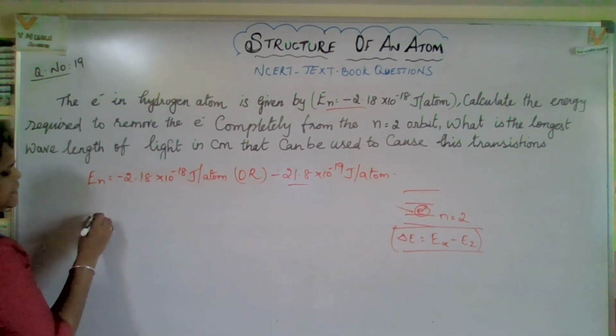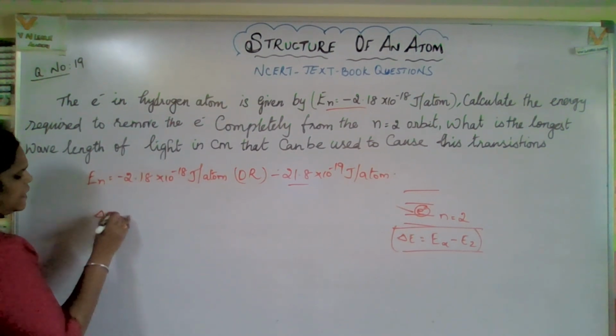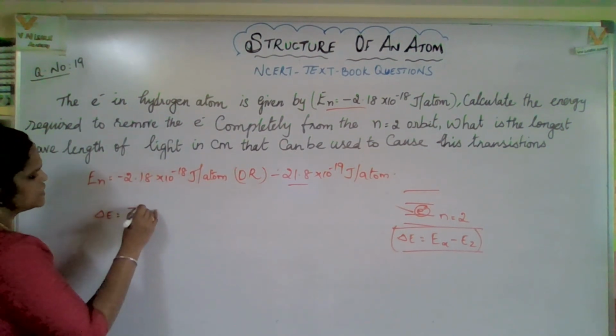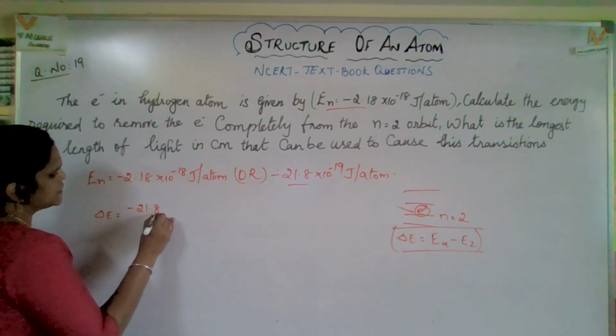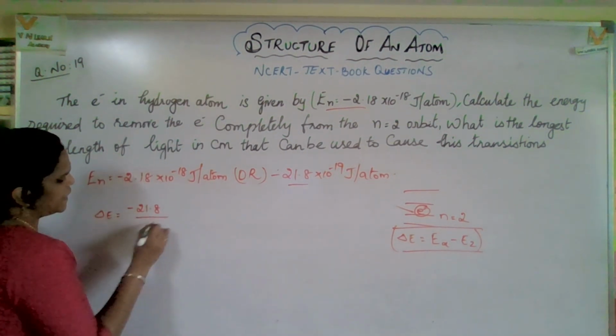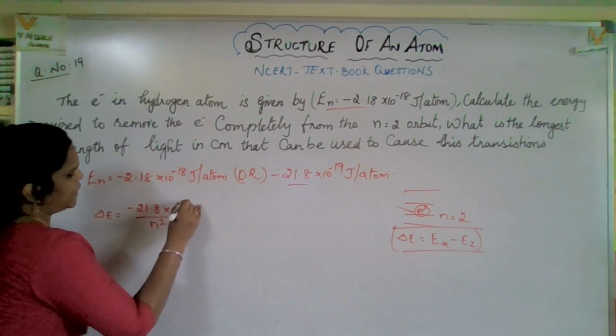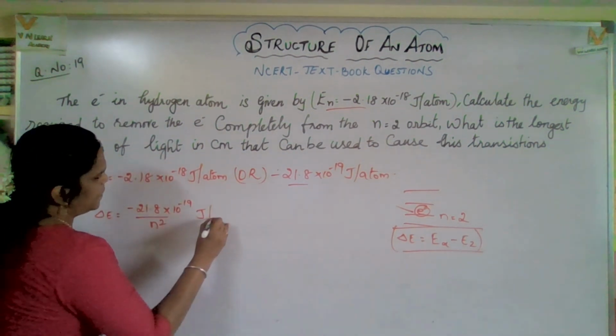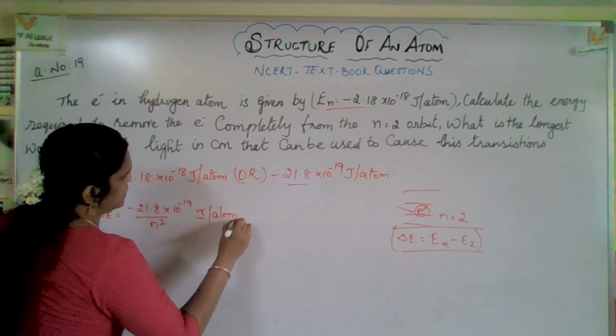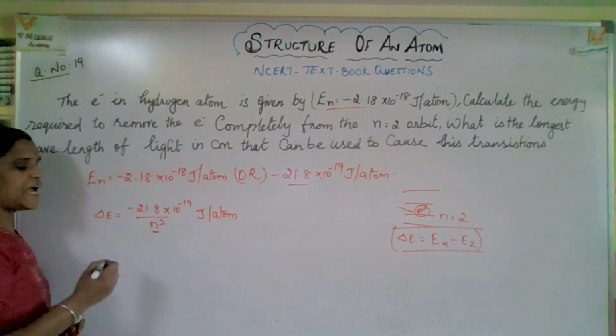Now here delta E equal to minus 21.8 divided by n squared into 10 to the power of minus 19 joule per atom. So n squared, it is n1 and n2.